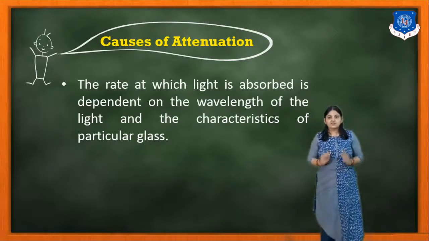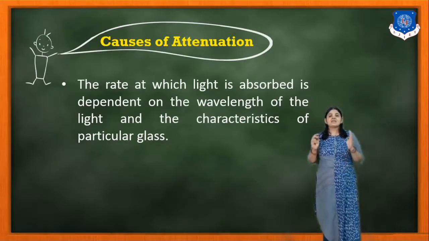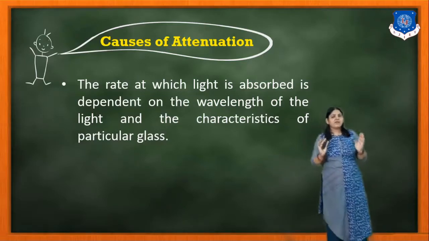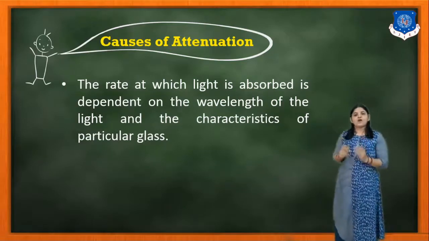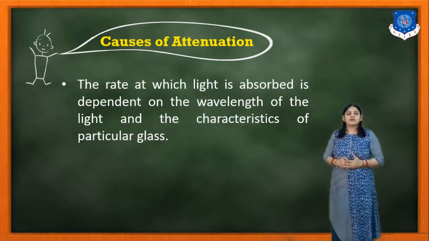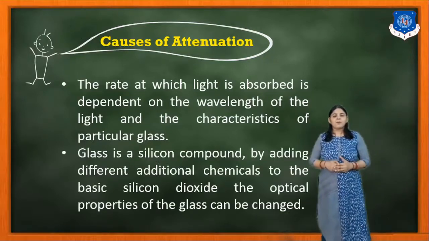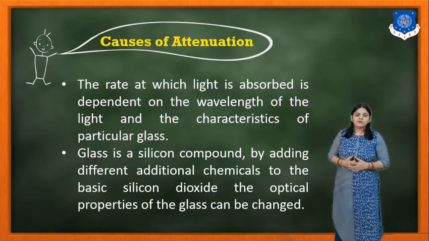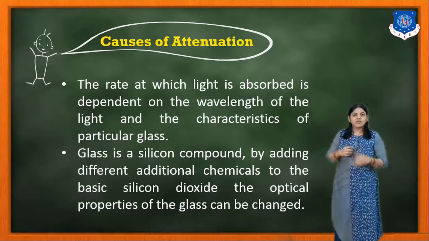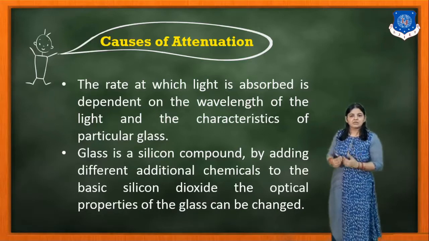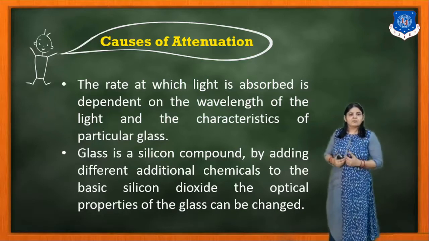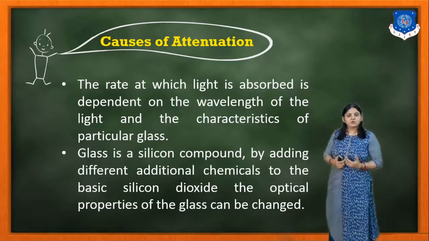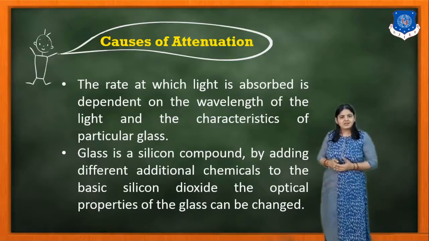The rate at which the light is absorbed depends on the wavelength of the light and the characteristics of the particular glass. Glass is a silicon compound. By adding various additional chemicals, we can change the properties of the glass.